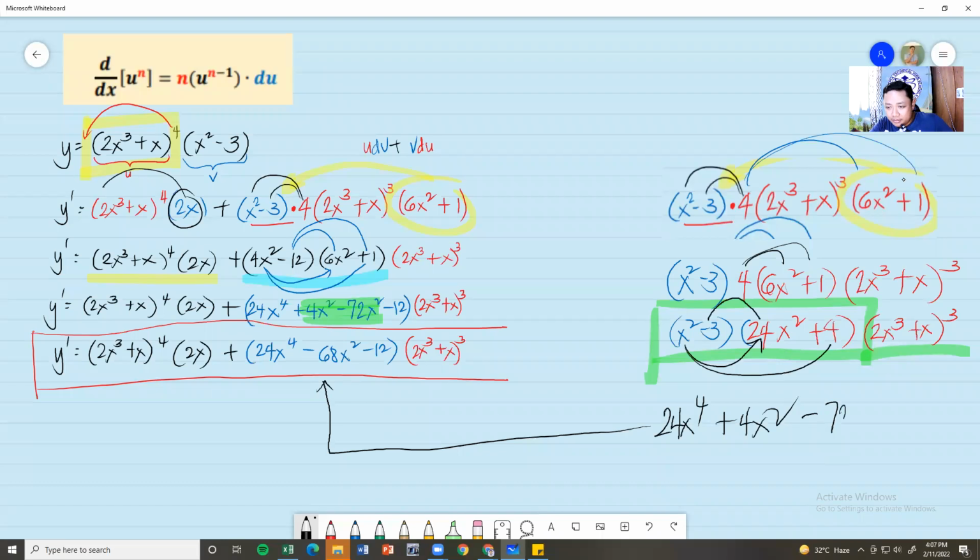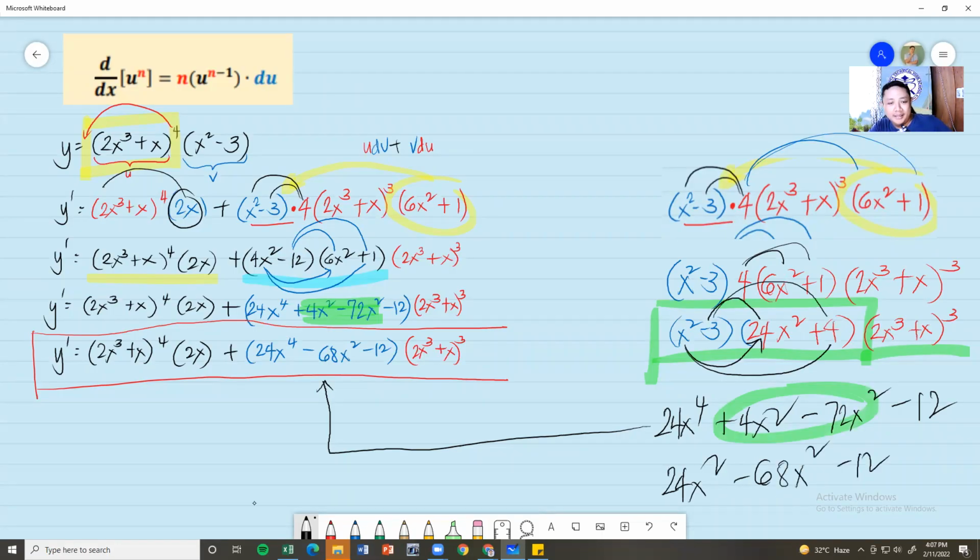Negative 72x squared. And finally, negative 3 times 4, that's negative 12. There you go. Okay? And of course, when you combine these two, you will end up with the same answer, which is 24x squared minus 68x squared minus 12. And that's it.